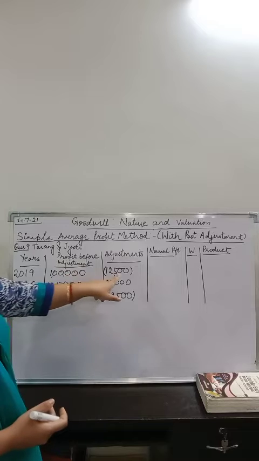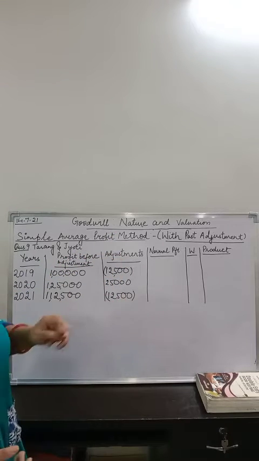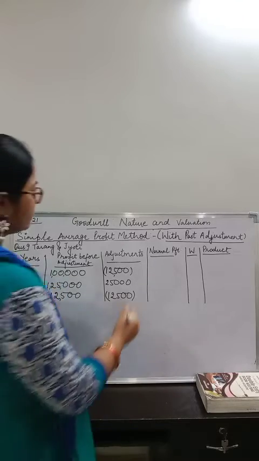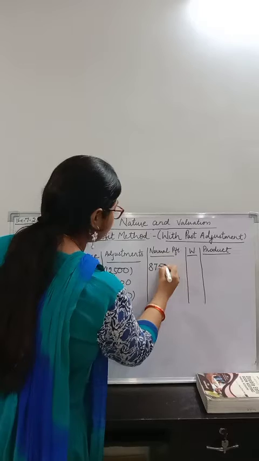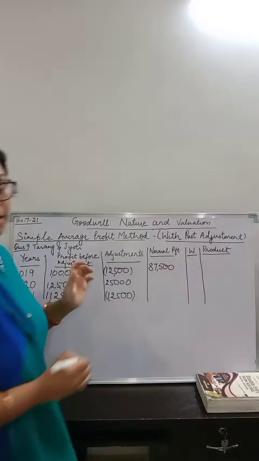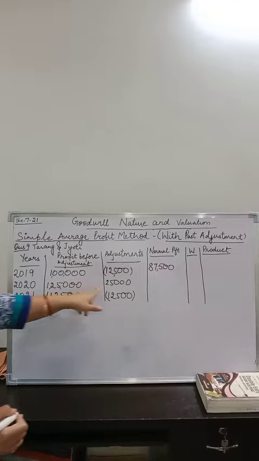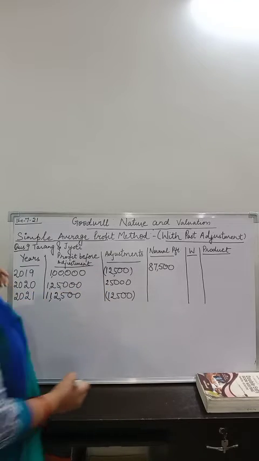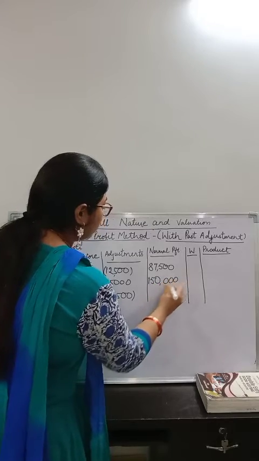1 lakh minus the abnormal gain will bring you the actual net profit, which becomes 1 lakh minus 12,500, that is 87,500 for 2019. For the next year, we will add this 25,000 rupees, which will make this amount 1,50,000.